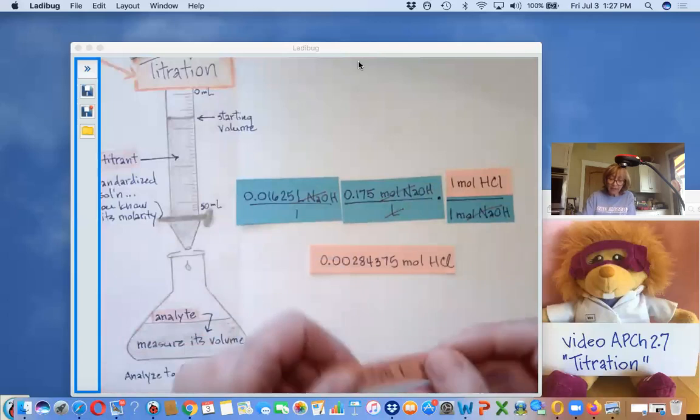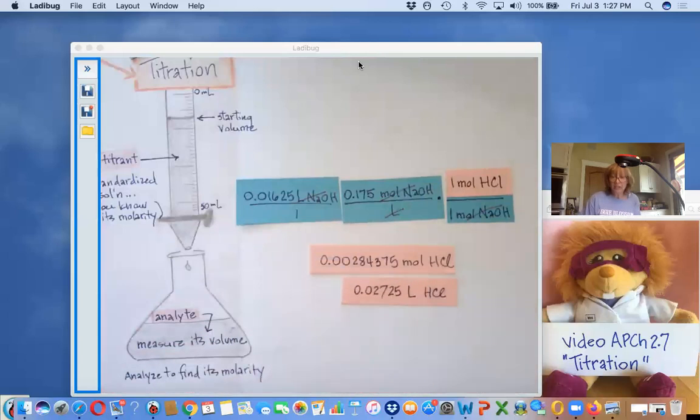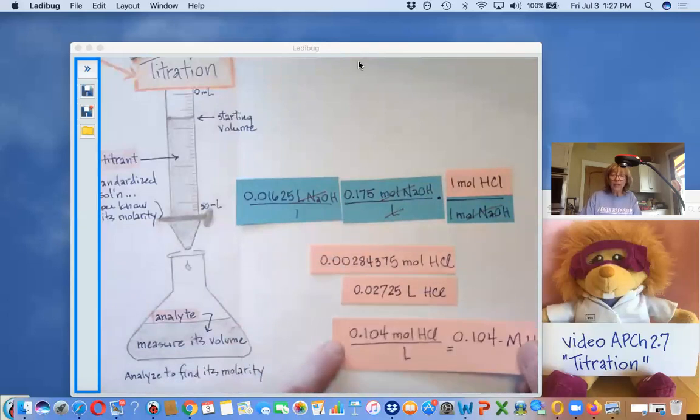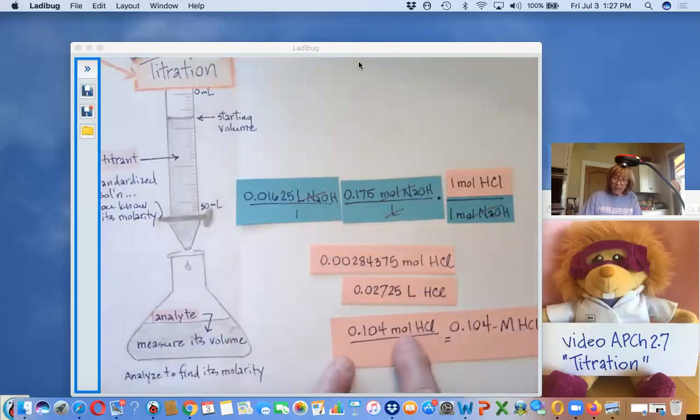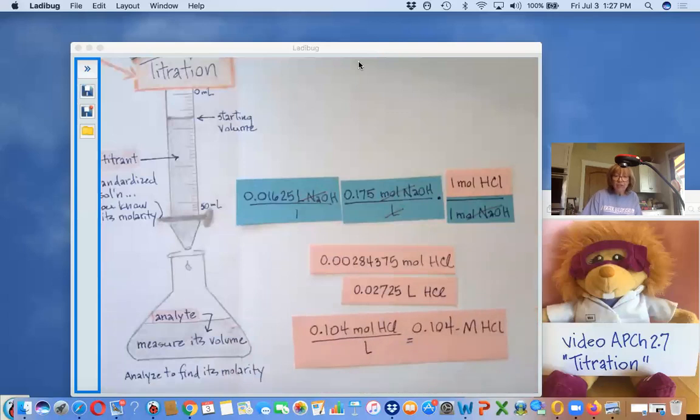Well, let's divide by 1,000 and change that into liters. Moles of HCl divided by liters of HCl gives me the molarity in moles per liter. I have just analyzed that this hydrochloric acid has a molarity of 0.104 molar.